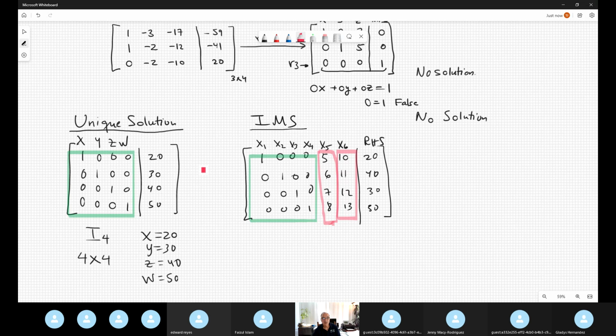Therefore, I can infer that the non-free variables are x1, x2, x3, x4, and the free ones are x5 and x6. In order to find that, you have two free variables.